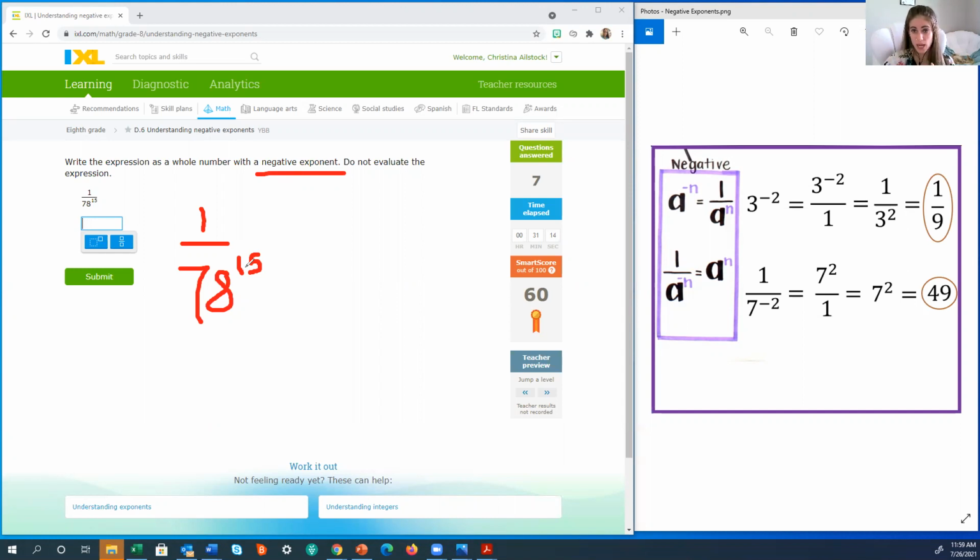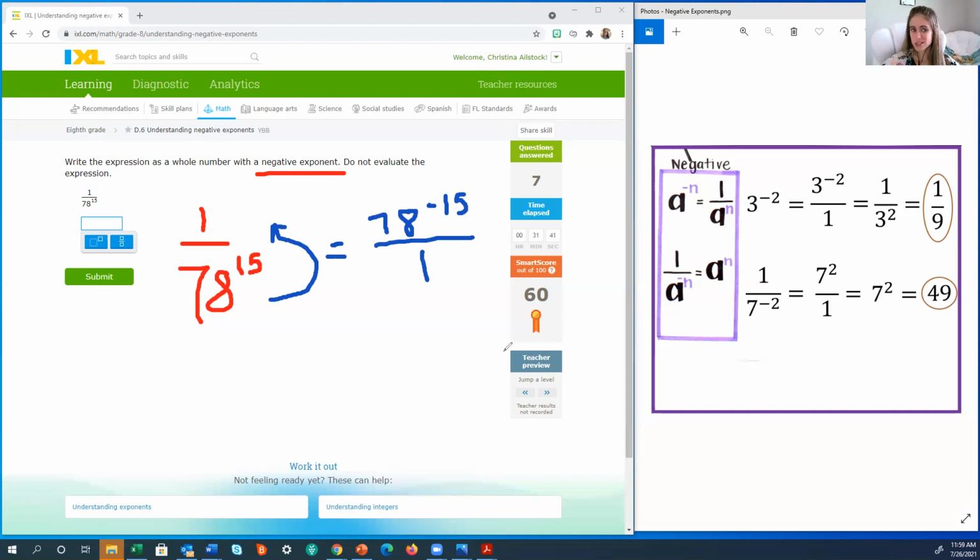So if it's in the denominator, it's positive. That means when I move it up to the numerator, it will become negative. Let's do that. Move it on up. When I multiply something by 1, it doesn't change any. We can bring it up, no problem. And it flipped sides, it becomes a negative.